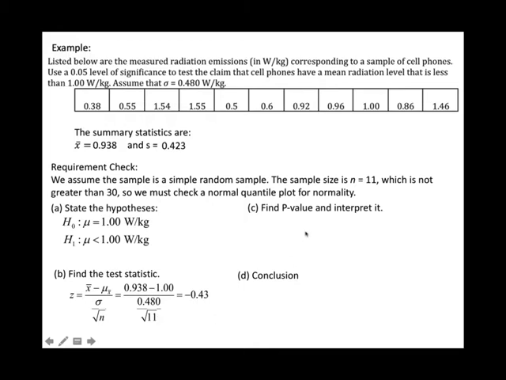And then we're going to find the p-value. Left tail, so normal CDF, the lower value, upper value. That will be the area of the left tail. And interpret: we use the p-value to compare with the significance level. Greater than, so fail to reject.